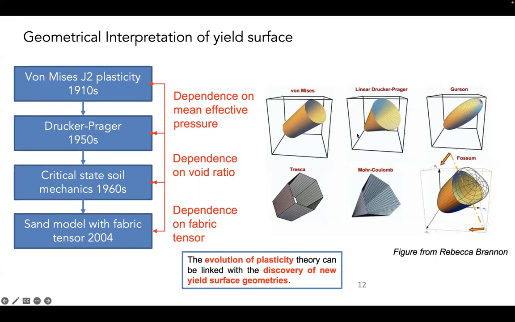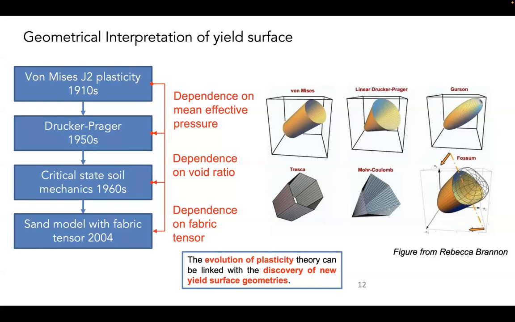The other way, the improvement by Drucker and Prager, is introducing pressure sensitivity, and hence you get a cone instead of a cylindrical object. What the cone means is that for a material under more pressure, I need more deviatoric stress to trigger the yielding, and this is called frictional response.